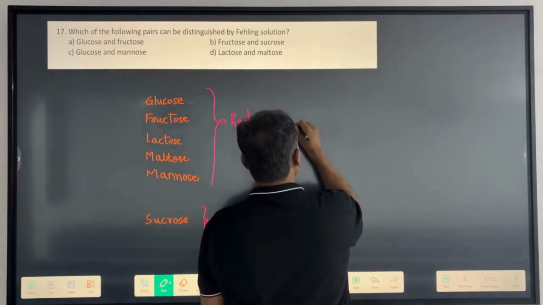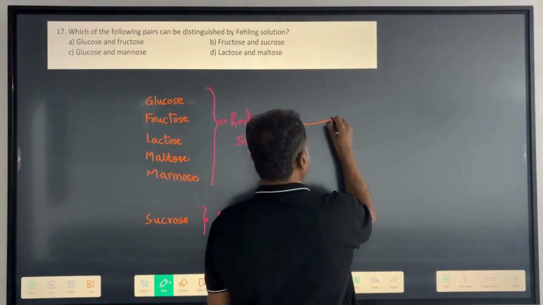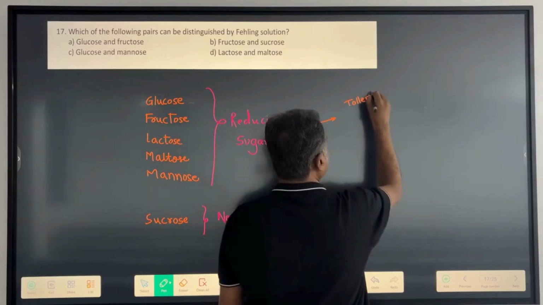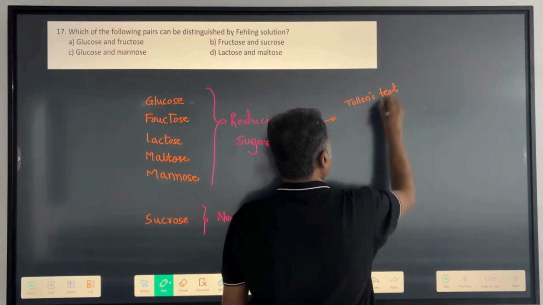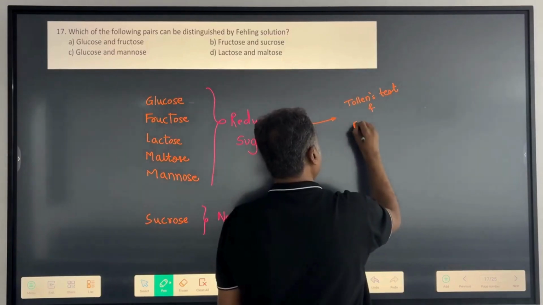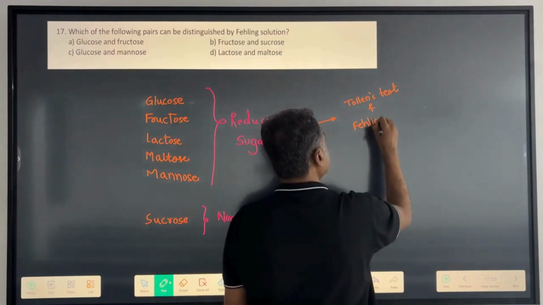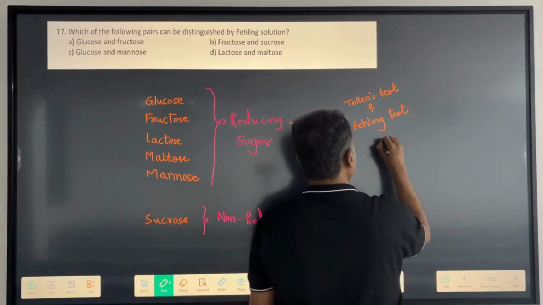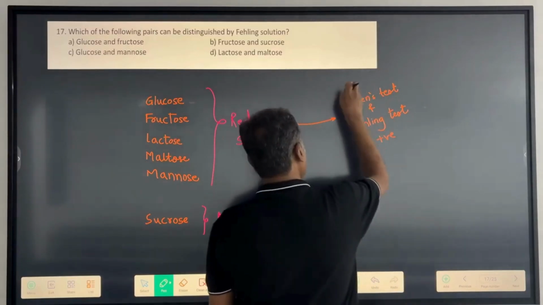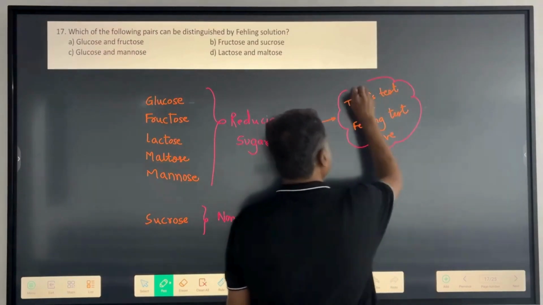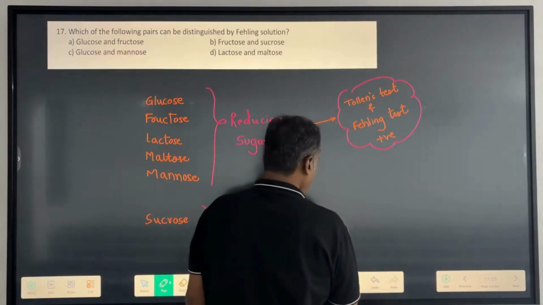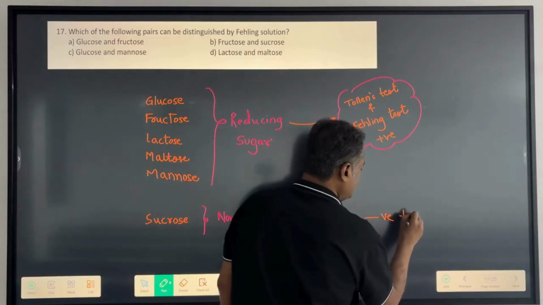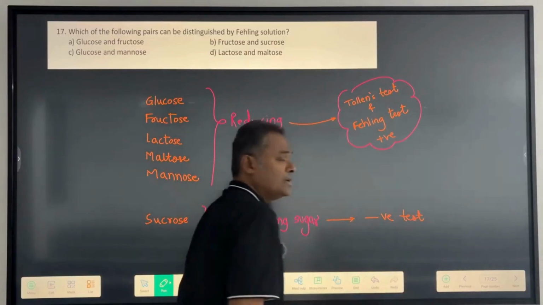Now reducing sugars are those sugars which give Tollens test and Fehling's test positive, and the ones which do not show these tests, meaning they show negative, are non-reducing.